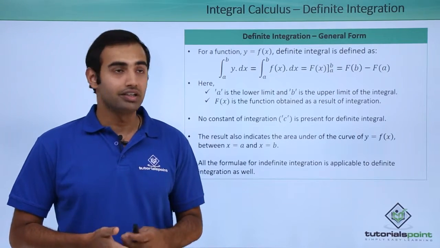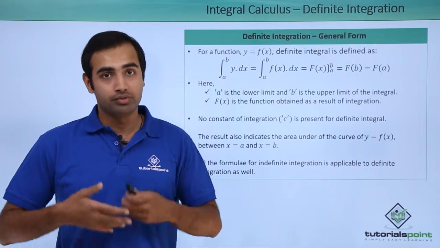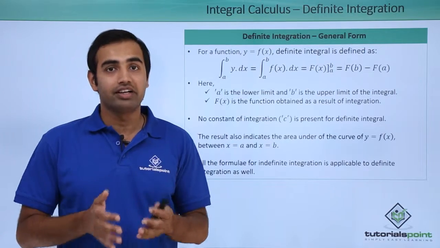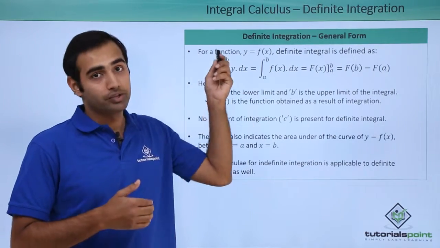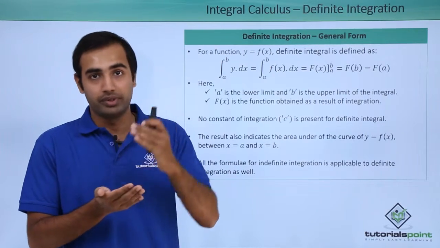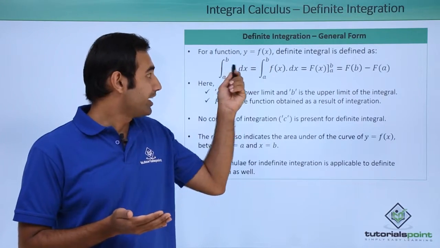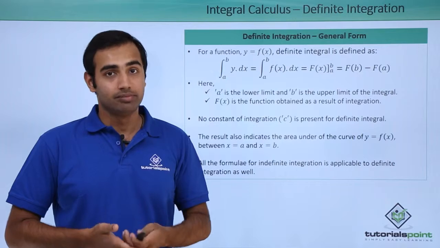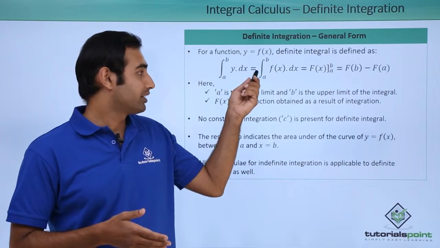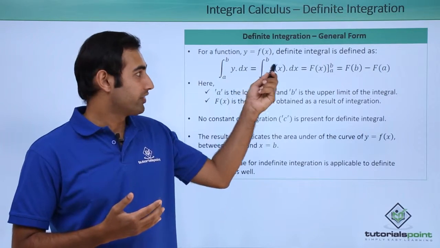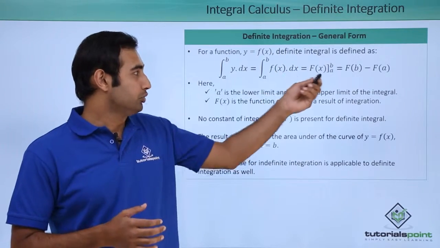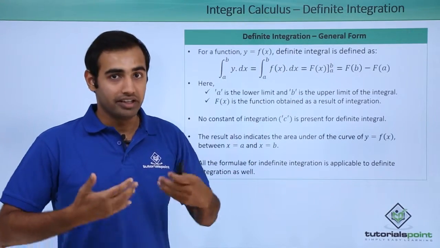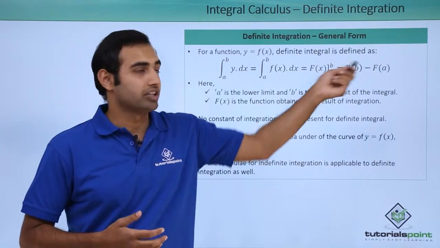Over here you can see that if I have a function y is equal to small f(x), I can define a definite integral on it, which is simply the integral from a to b, which happen to be the lower and upper limits of the integral, y dx, where y is simply f(x). So the same thing can be written as integral a to b f(x) dx, which is capital F(x) as my result, and it has two limits a and b, which can be expanded as F(b) minus F(a).